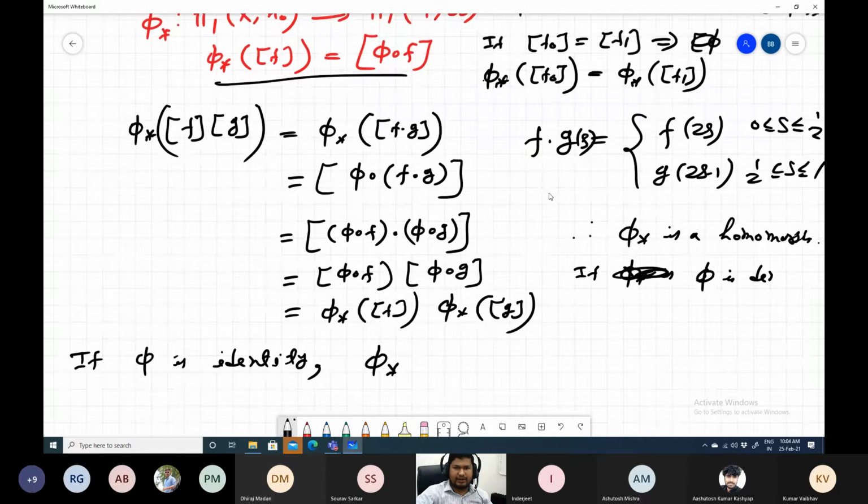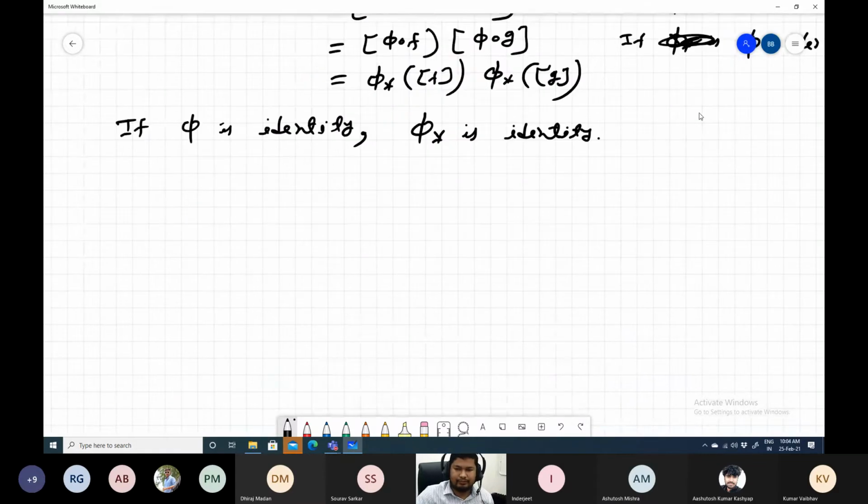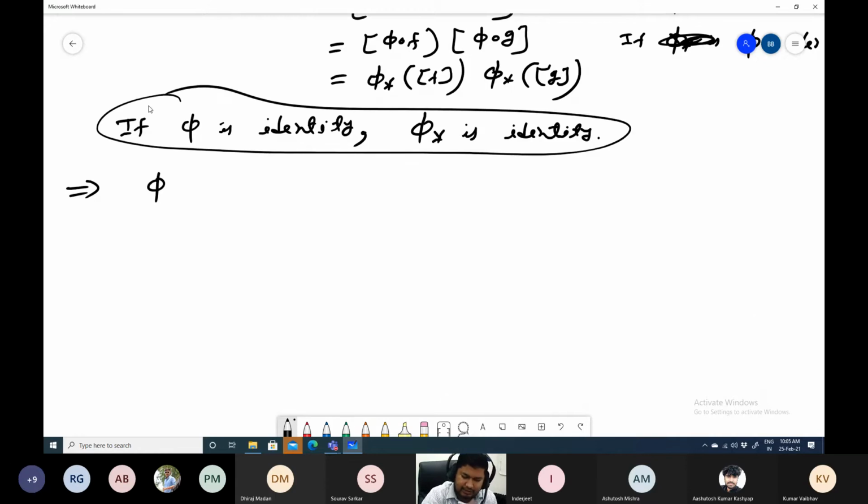Because if phi is identity, then phi composed with f will be again f. So this is identity. Now that implies that if phi is identity, then phi star is identity. This is simple.